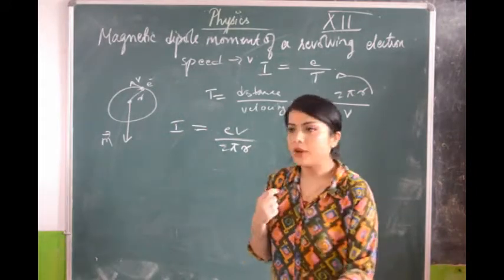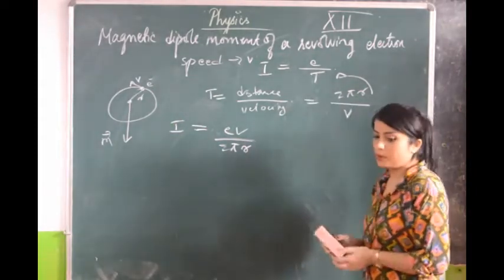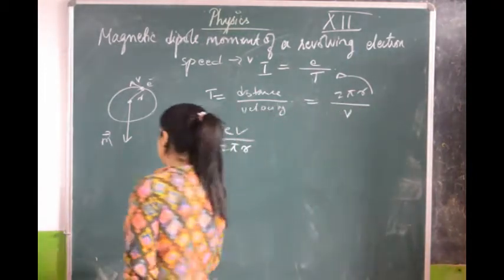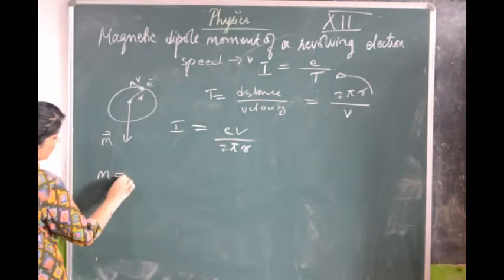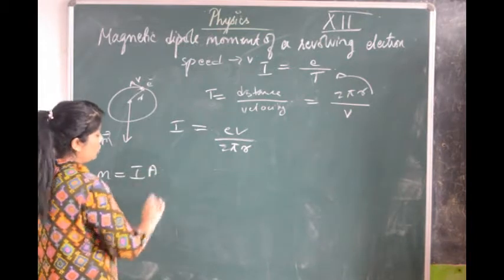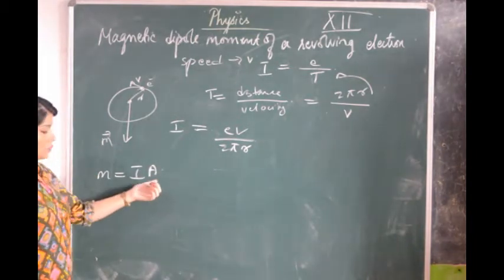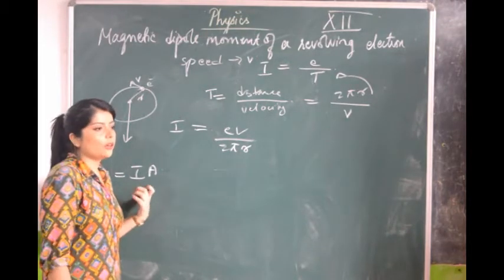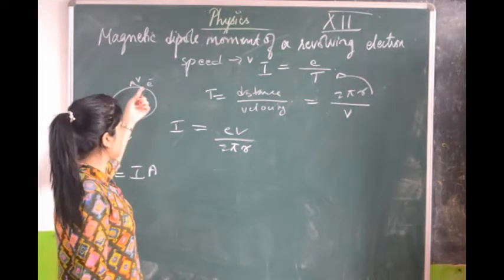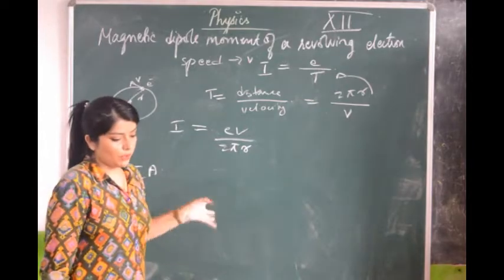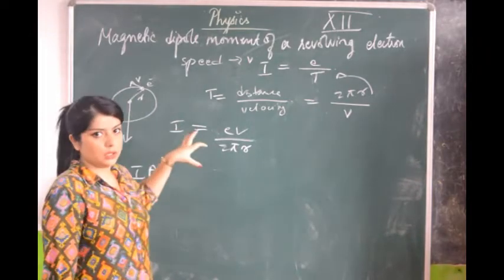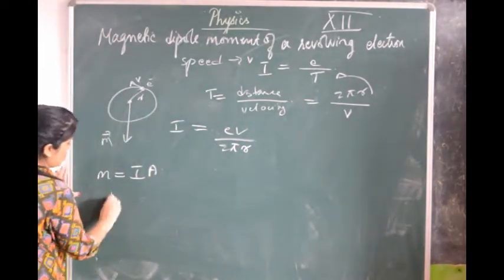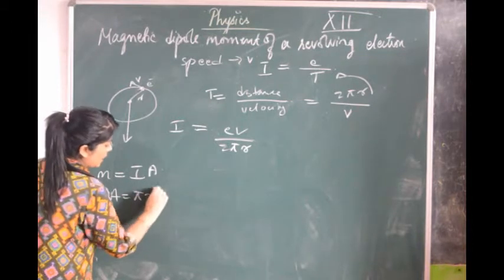Next, you have to find the magnetic dipole moment. Previously I gave you the equation of magnetic dipole moment, M = I into A. I is the current, and A is the area covered by the electron while revolving. The area of a circle is πr², so A is πr².